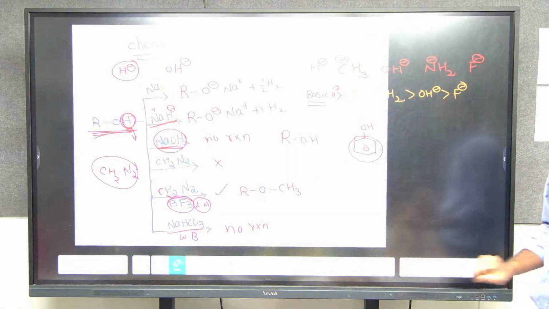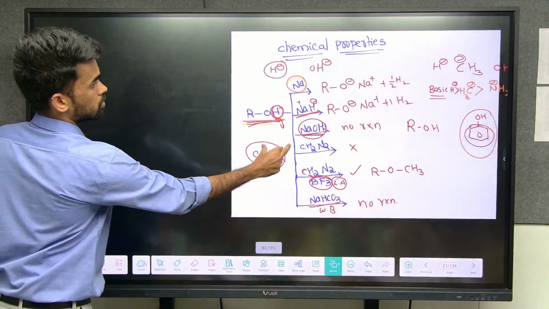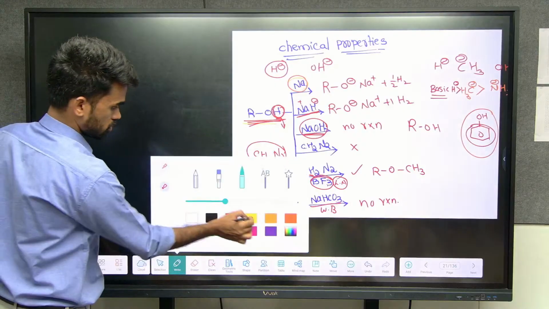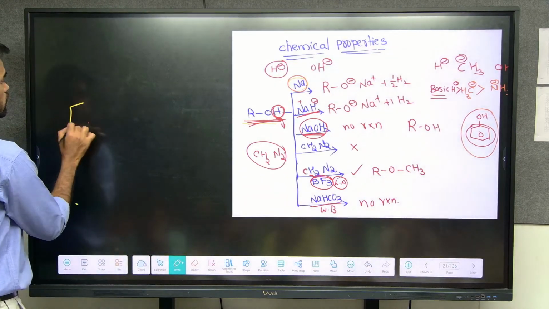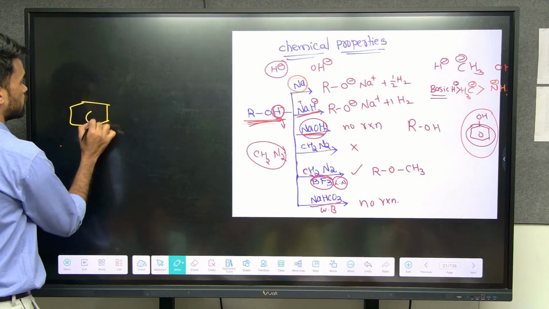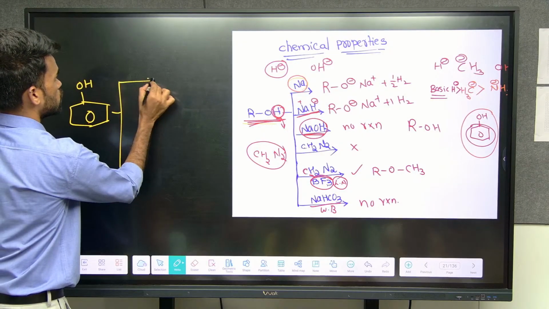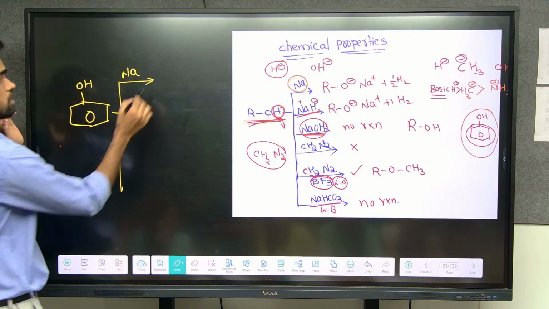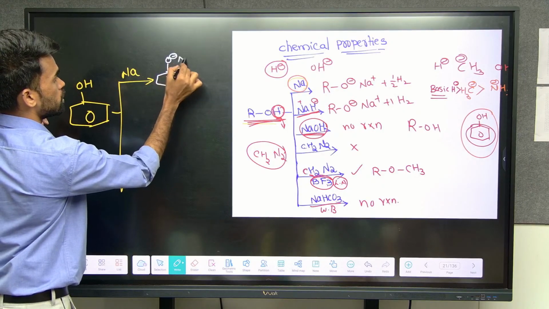So now let us discuss the chemical properties of phenol. Okay, same reactions that you have seen there. You tell me, the first one is what? Sodium metal. Sodium metal definitely reacts here, so that we will get phenoxide ion, sodium phenoxide.